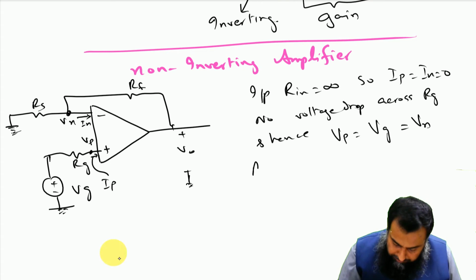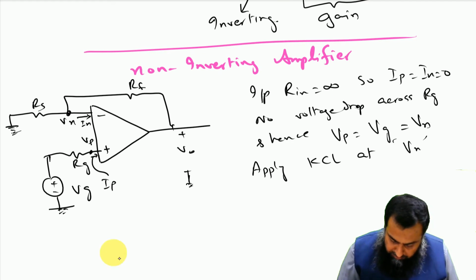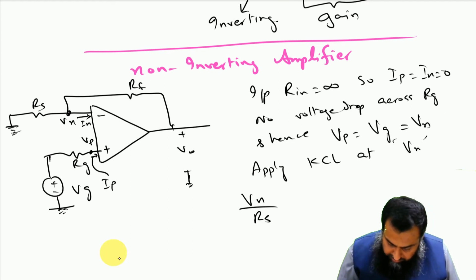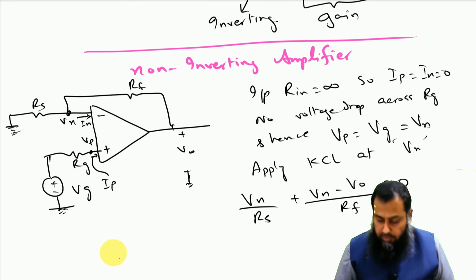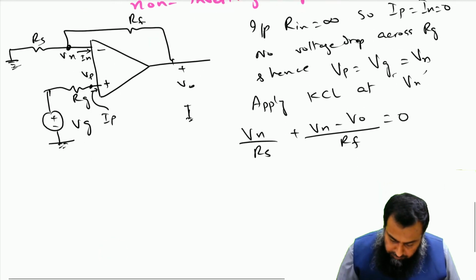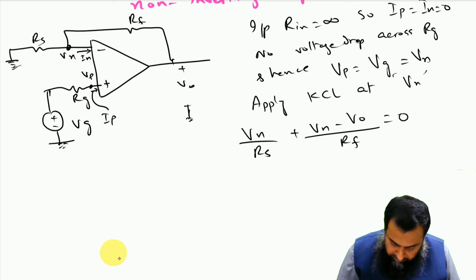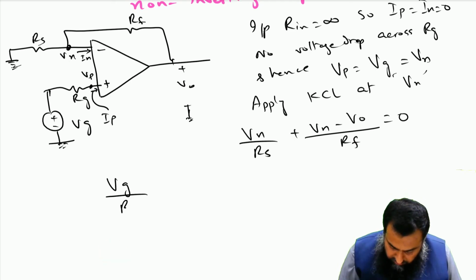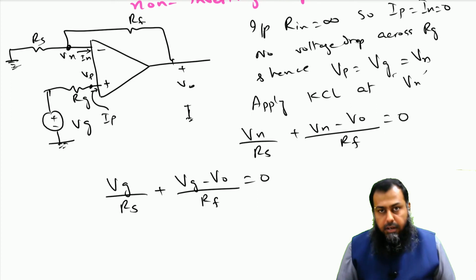Now if we apply the Kirchhoff's current law at Vn, then we have Vn over Rs plus Vn minus V naught over Rf, and that is equal to 0. So we can see here that this Vn is equal to this Vg. So if I plug in here, that is Vg over Rs plus Vg minus V naught over Rf, that is equal to 0.